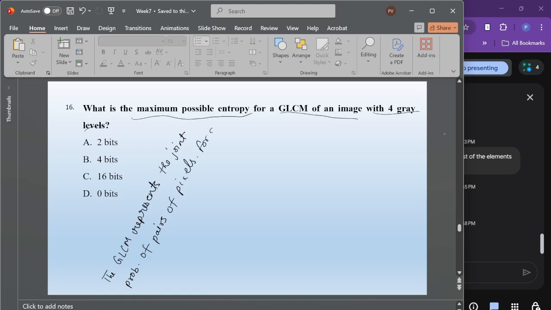So for an image with, let's say, NG gray levels, here NG is given as 4.